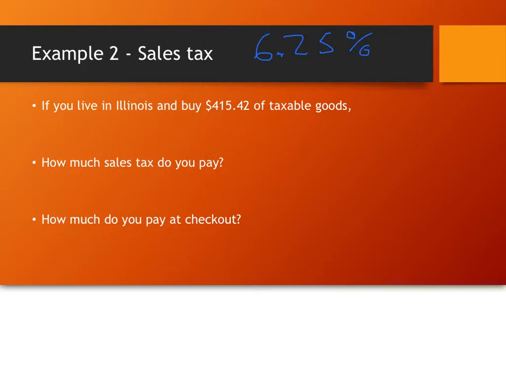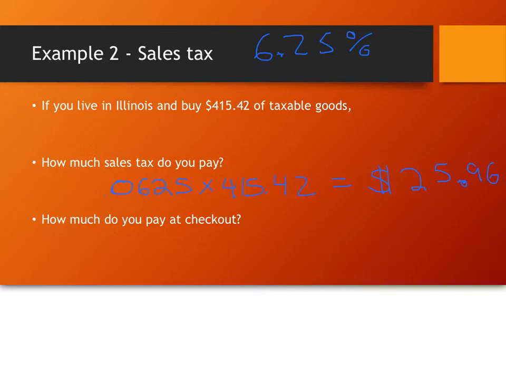So if we bought the same $415.42 and we want to calculate the sales tax, remember this is 0.0625 multiplied by $415.42. I got that the sales tax now is $25.96.